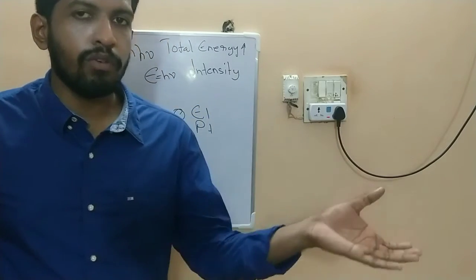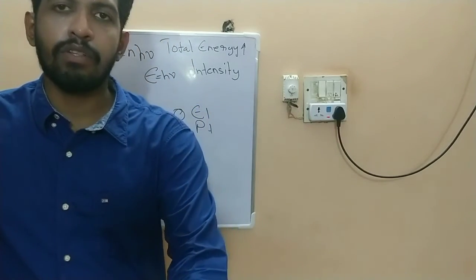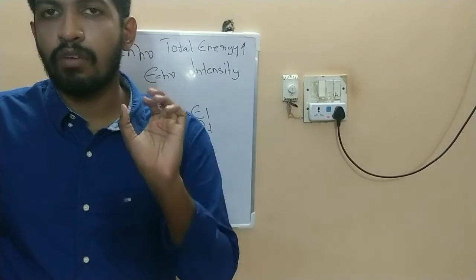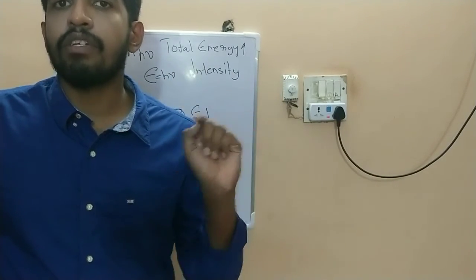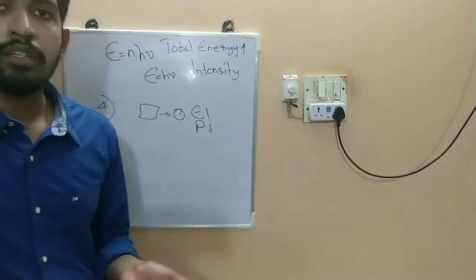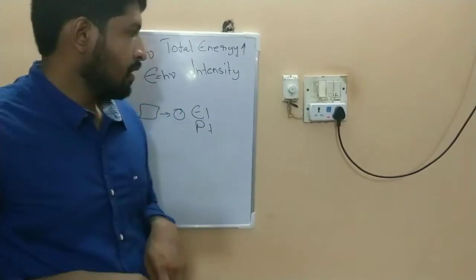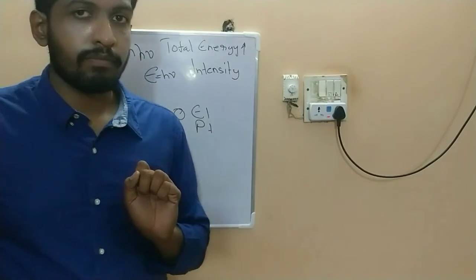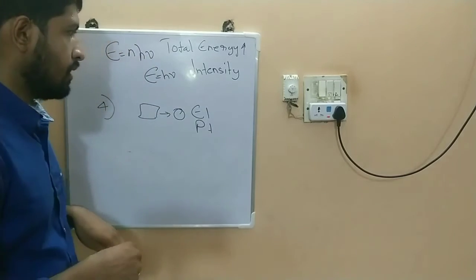The total momentum before the collision is equal to the total momentum after the collision, and also the total energy before the collision is equal to the total energy after the collision. So energy and momentum are conserved, but the number of photons is not conserved. I can explain that.